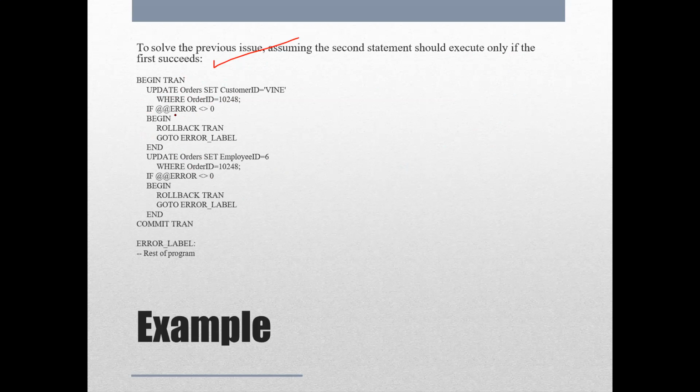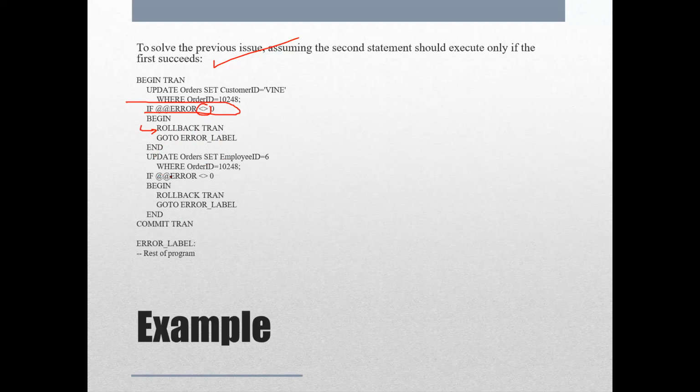If @@ERROR is not equal to 0, that means an error has occurred. If it has happened, you roll back the transaction: BEGIN ROLLBACK TRANSACTION, GOTO the error label. So we have this error label for the rest of the program, and this END.